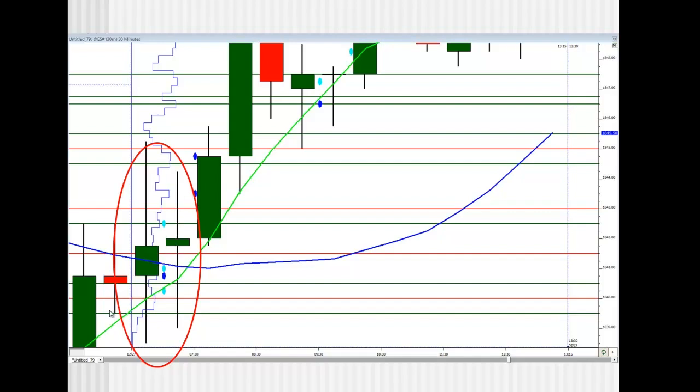Now, during the actual first 30-minute candle here, we didn't get any KVT. KVT started to show up here. Here's level 1, here's level 2, here's level 1, and here's level 1 again in the second half of the first hour.